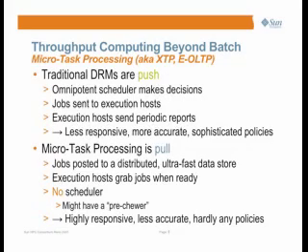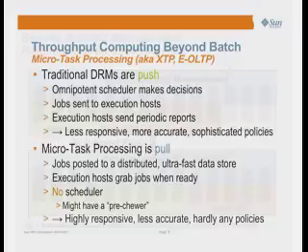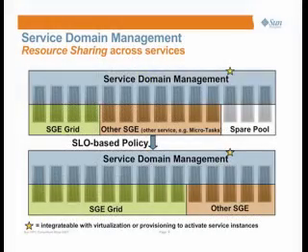One thing that we're working on is called service domain management. If you look at this picture and imagine this is the type of equipment they have, then there could be a SunGrid Engine grid very much to the left, then either another SunGrid Engine grid or another service, which could be a microtask processor.